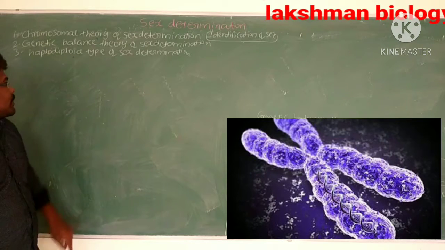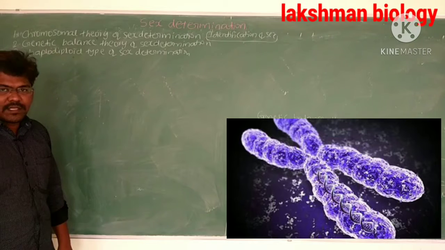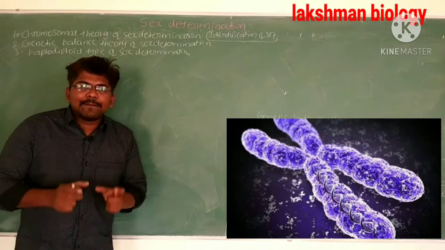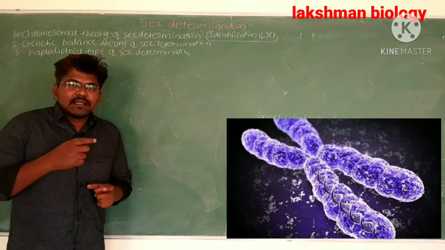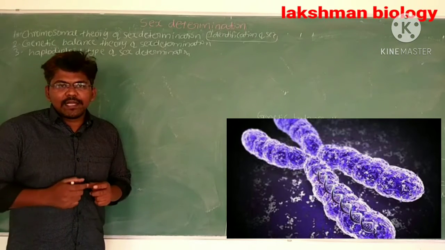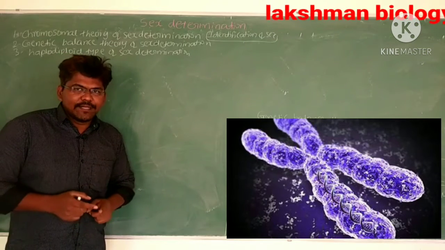Next, the haplodiploid type of sex determination. This haplodiploid type of sex determination is also present in NCERT. It means that based on the haploid or diploid nature of chromosomes, we can determine the sex of an individual.